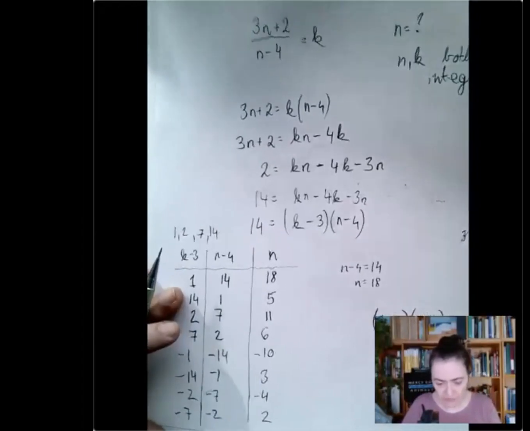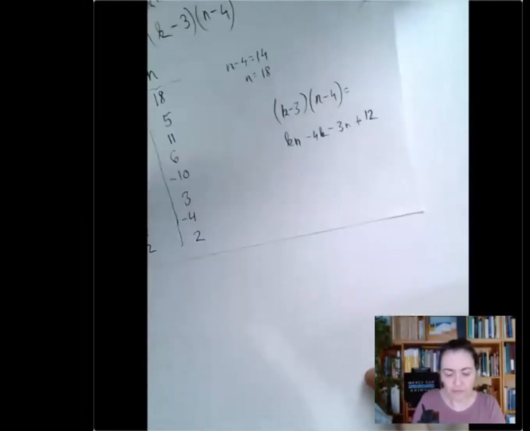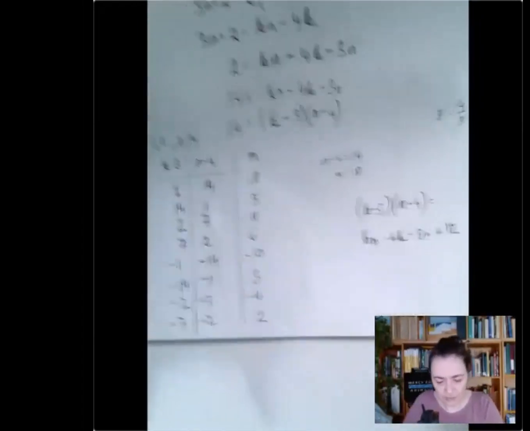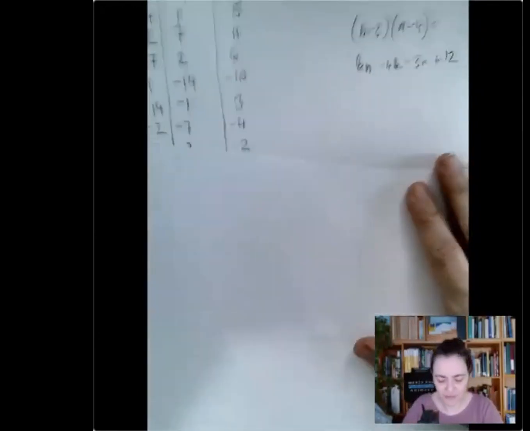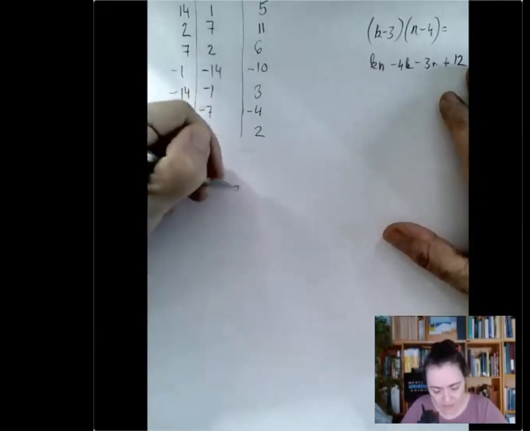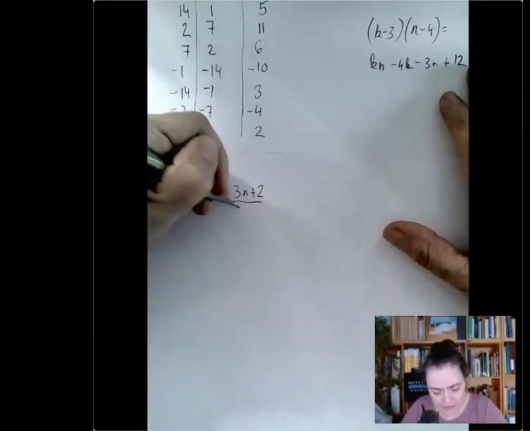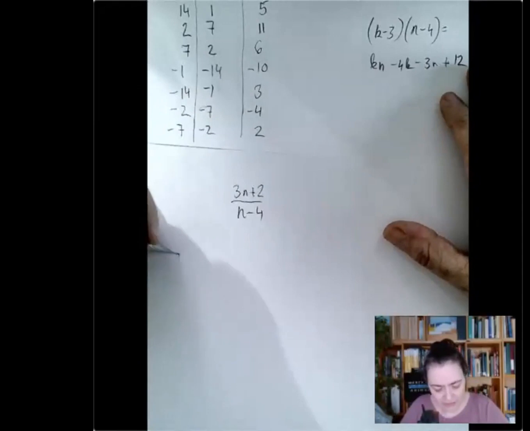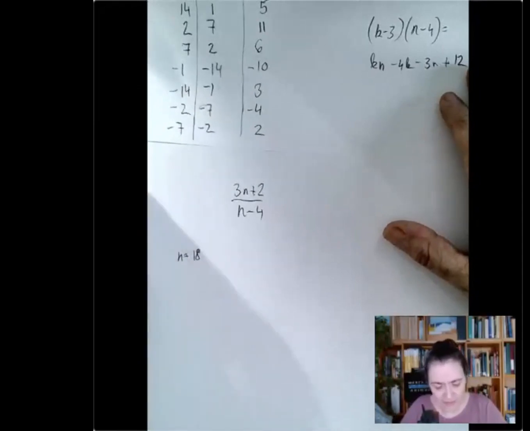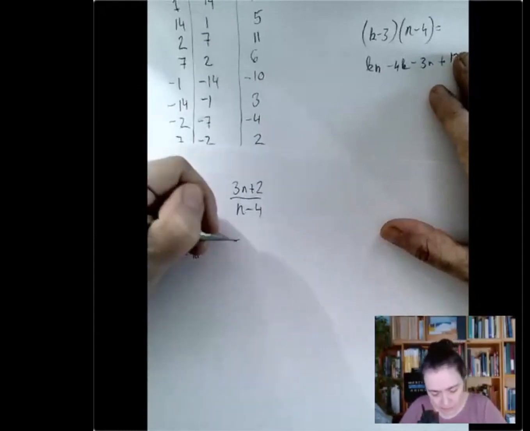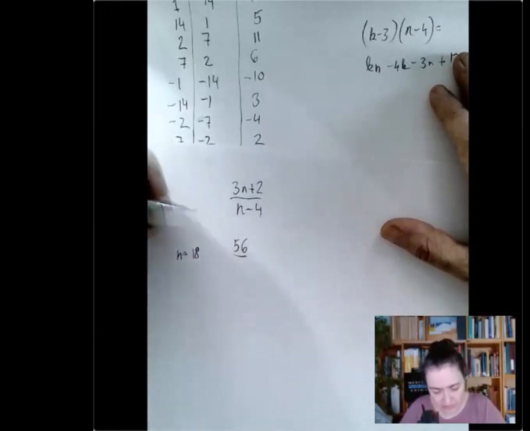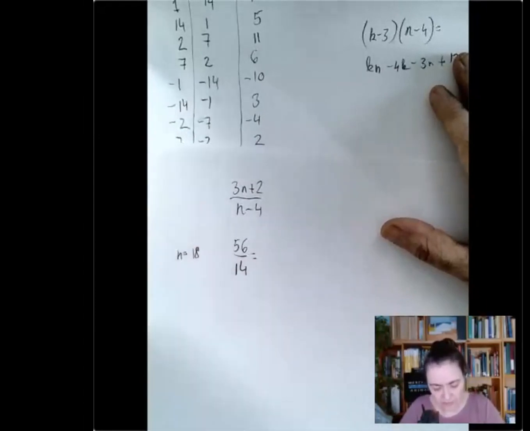Now let's check a few, because it's interesting that there would be exactly 8 integers in the world that do that. You can stop the video here. We're just going to check a few. So the expression is (3n plus 2) over (n minus 4). If n is 18, 3 times 18 is 54, plus 2 is 56, and 18 minus 4 is 14. Yup, that's a fraction. Clearly, 7 divides both upstairs and downstairs.